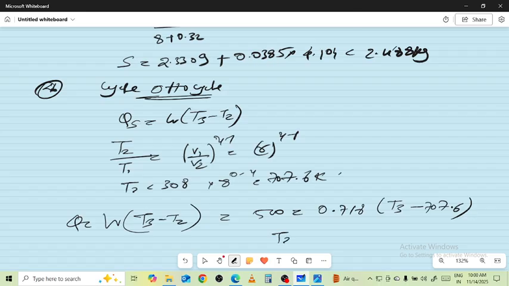So after calculation the highest temperature is 1140 Kelvin.